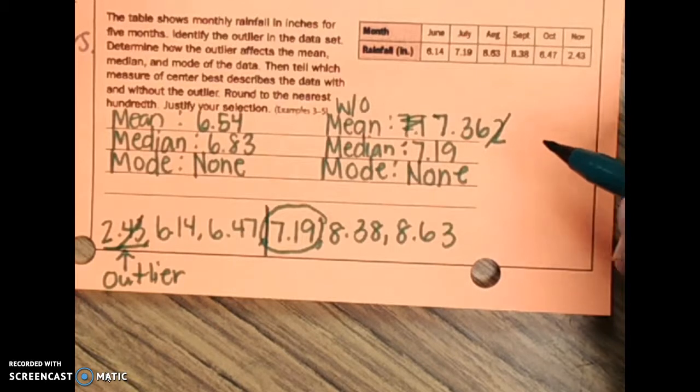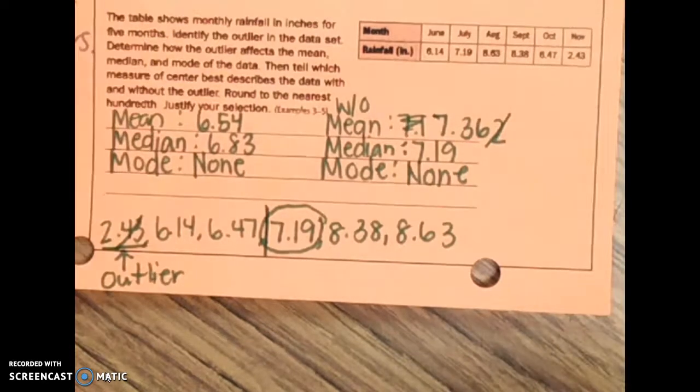I don't have much space to write it, so I'll just talk about it. The mean rainfall best describes the data without the outlier because it's more of a middle ground. And then the median rainfall best describes the data with or without the outlier. And that's all you have to do on those.